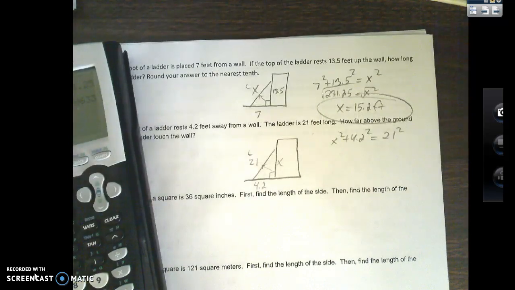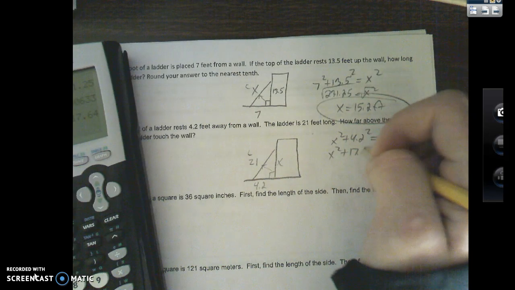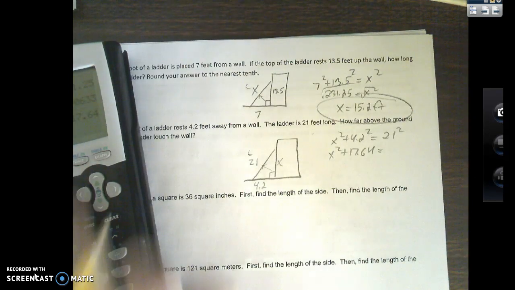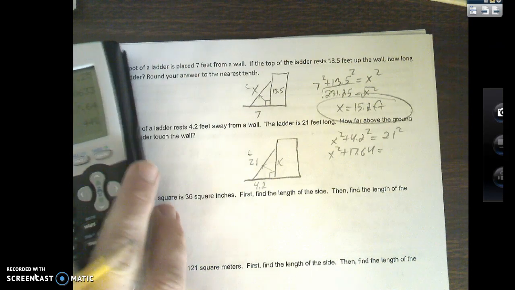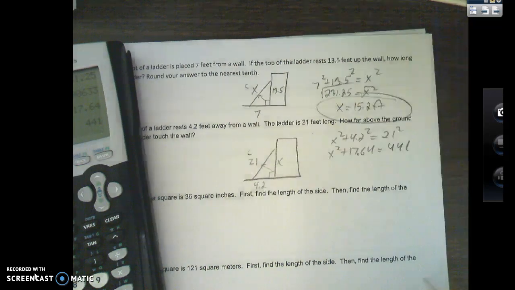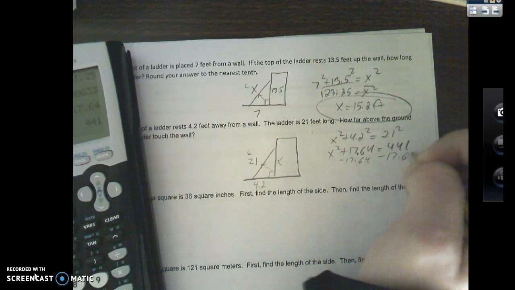The difference here is x squared plus 17.64 equals 21 squared, which is 441. We have to subtract the 17.64 from both sides.